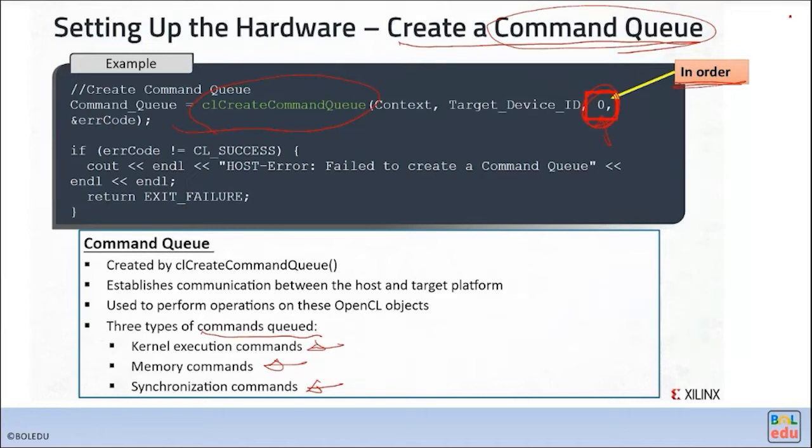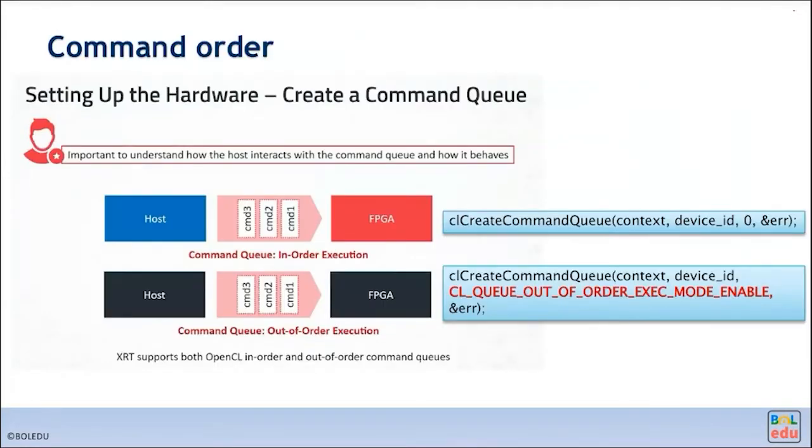Later on we will see how the command queue is used for kernel execution and memory commands. So for create command queue, this argument 0 means in-order operation. If out of order, you use this macro to enable out-of-order operation.